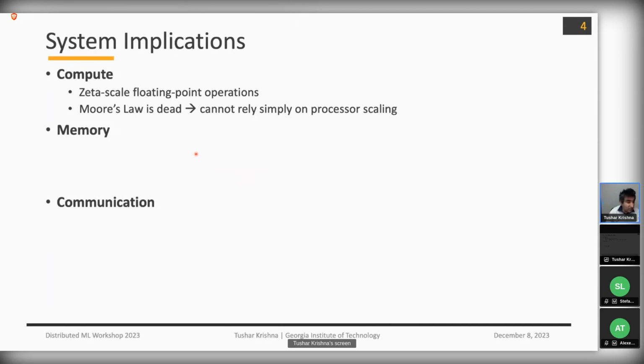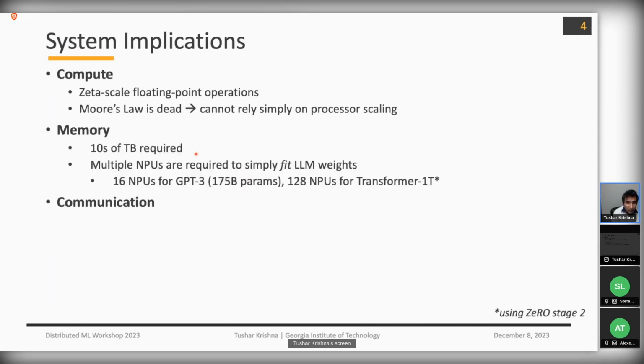The other challenge is around memory. Just to fit these models today, especially some of these large models, you need multiple devices and multiple memories. If you think about a high-end GPU today with 32, 64, even 128 gigs of memory, we're talking about billions to trillions of parameters here.